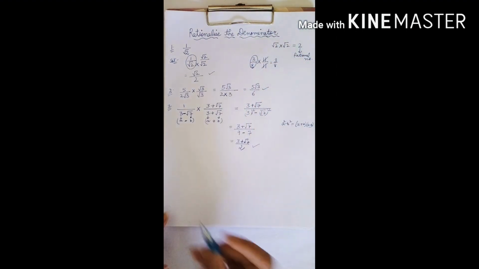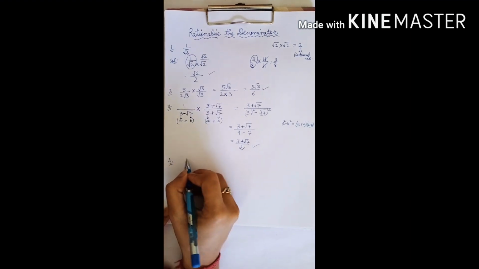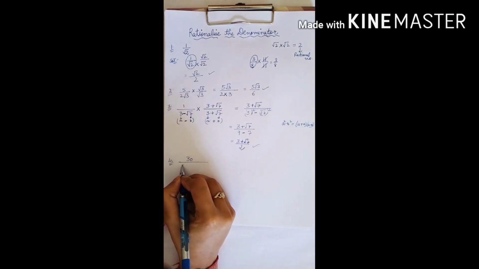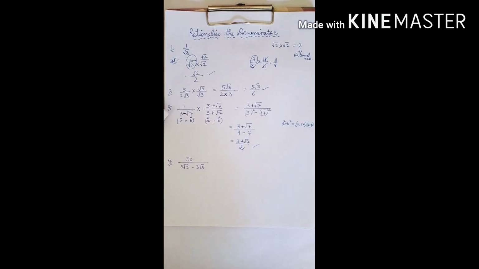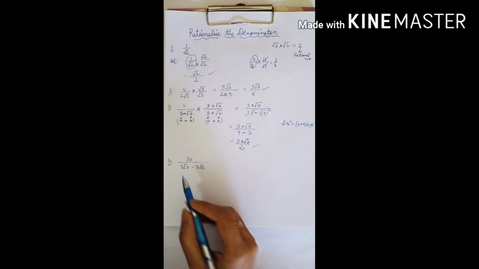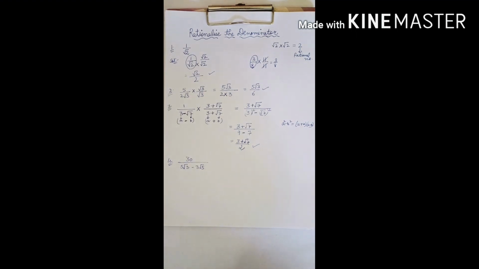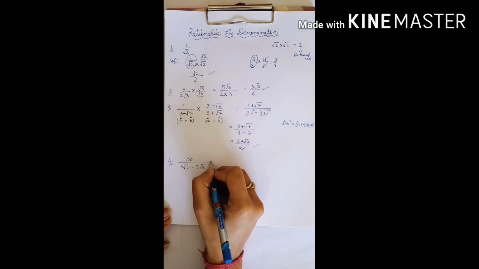Now move to the next question. 30 divided by 5 root 3 minus 3 root 5. Now here also we have two numbers in the denominator. So how do we rationalize it? Same thing we will do.